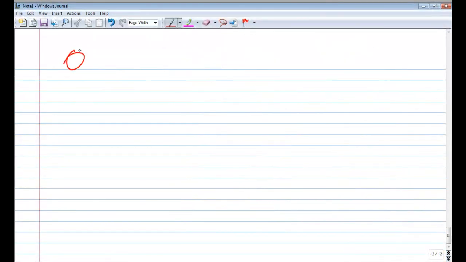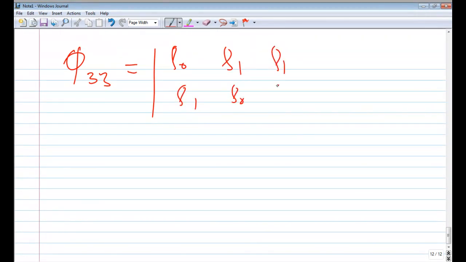Now, 533 reads: the partial autocorrelation function at lag 3 is defined by the determinant of 3 by 3 matrices. So you are going to have row 0, row 1, row 1, row 1, row 0, row 2, row 2, row 1, row 3.